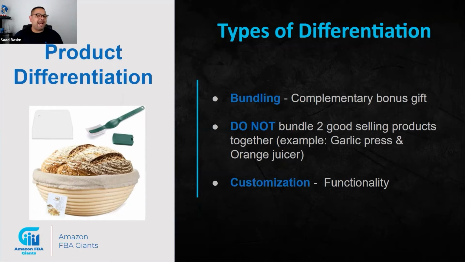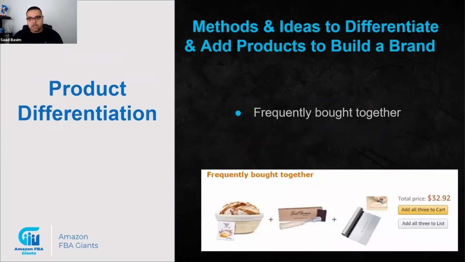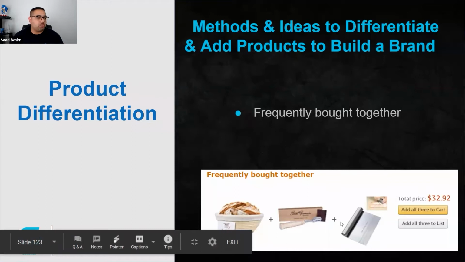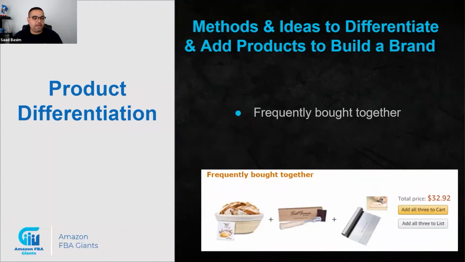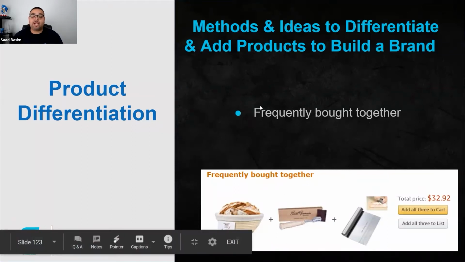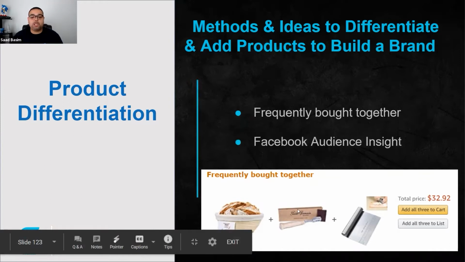Now, how you can get ideas, which is really important. So, methods and ideas to differentiate and add a product to build a brand. First is frequently bought together, as we see here at the bottom, which we see a lot. I'll show you how we're going to go about that. Basically, under every product, you will see frequently bought together.